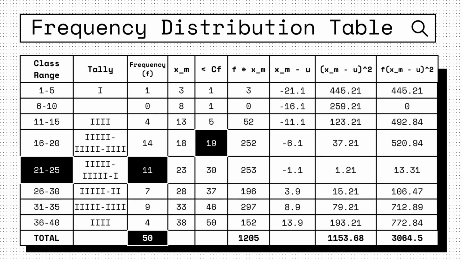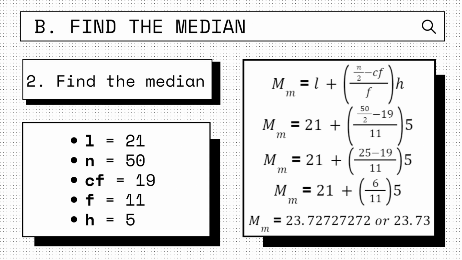So based on the frequency distribution table and median class, the lower limit of the median class is 21, n is 50, the cumulative frequency is 19, the frequency is 11, and the class size is 5. To summarize our data, L is 21, n is 50, CF is 19, f is 11, and lastly, h is 5.